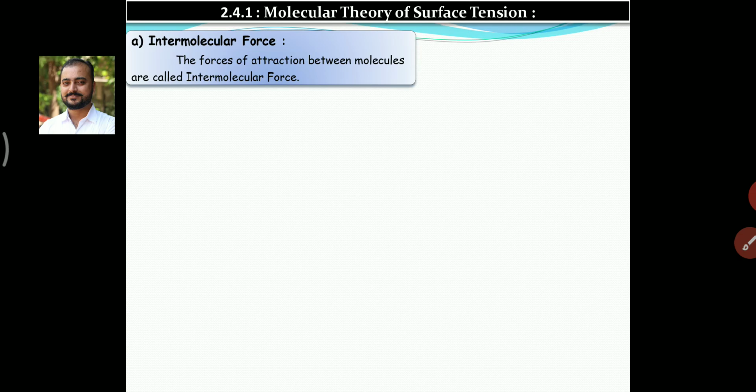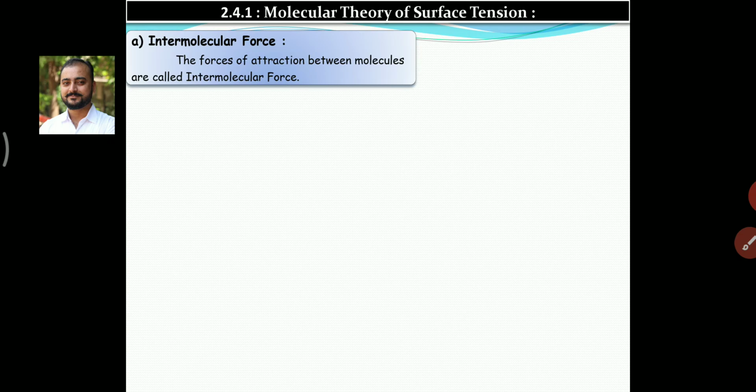Everyone knows that a material is made up of small particles called atoms, and atoms combined form molecules. So the molecules are held together by a force of attraction, and this force of attraction between any molecules is called intermolecular force.